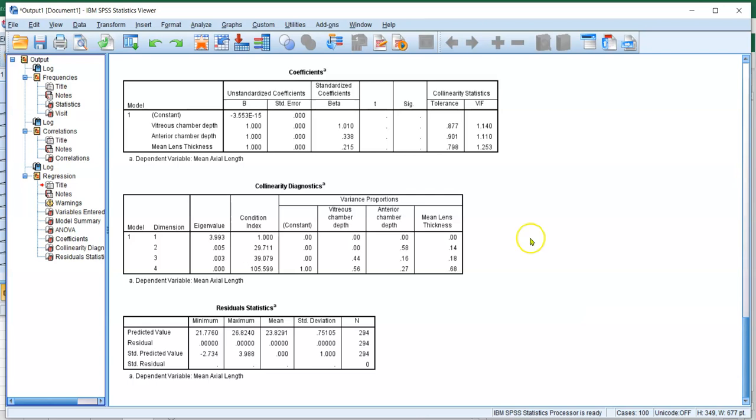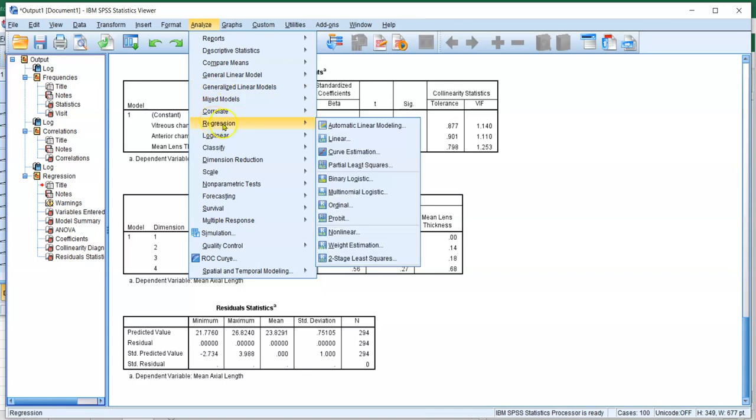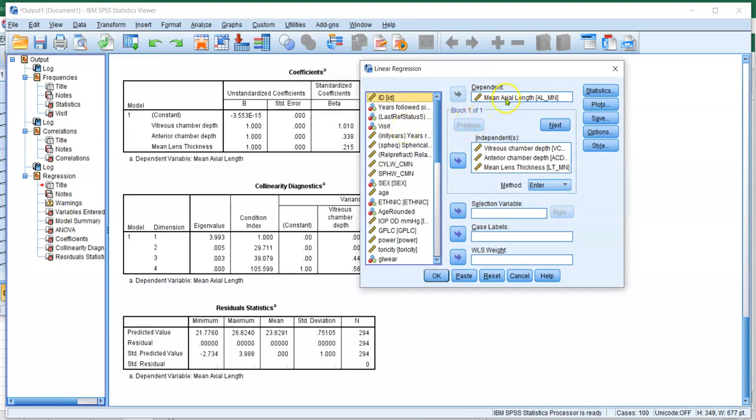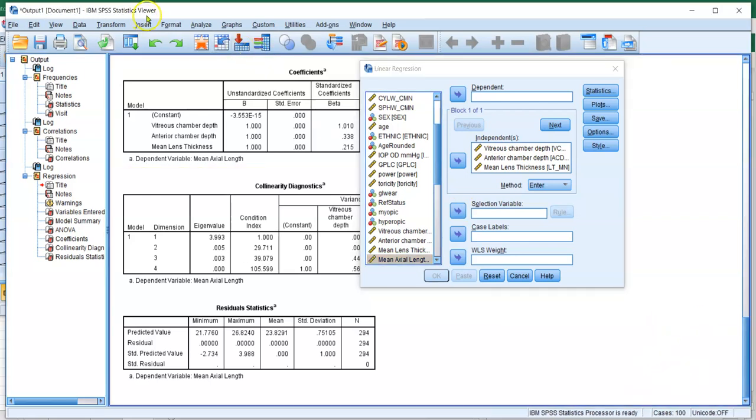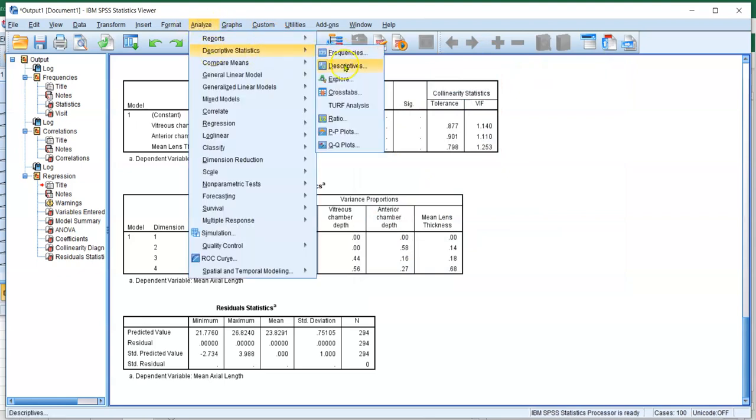So let's do another one that may not be quite as good. We'll still restrict our population to myopes with the year they were diagnosed. And this time, it asks to run descriptives. Before we do our regression, we're going to look at our descriptives.